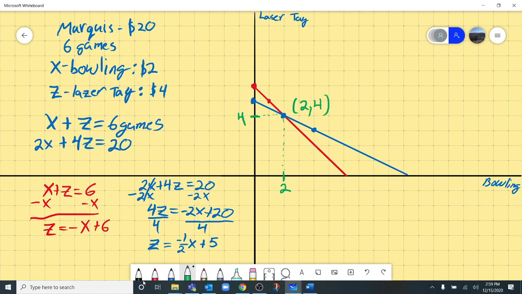X is our number of bowling games, so Marquis bowled 2 games. And z is laser tag, which was 4 games of laser tag.